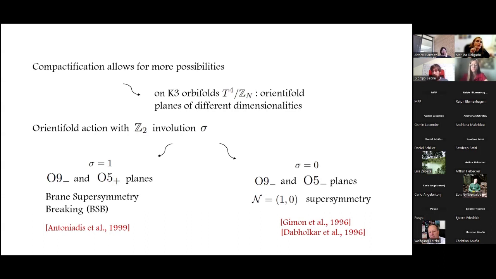For the consistency of the vacuum, we are then required to introduce D9 and anti-D5 branes, and therefore, by the same argument as before, the simultaneous presence of O5 plus planes and anti-D5 branes breaks supersymmetry. This configuration is what in the literature is known as Brane Supersymmetry Breaking.